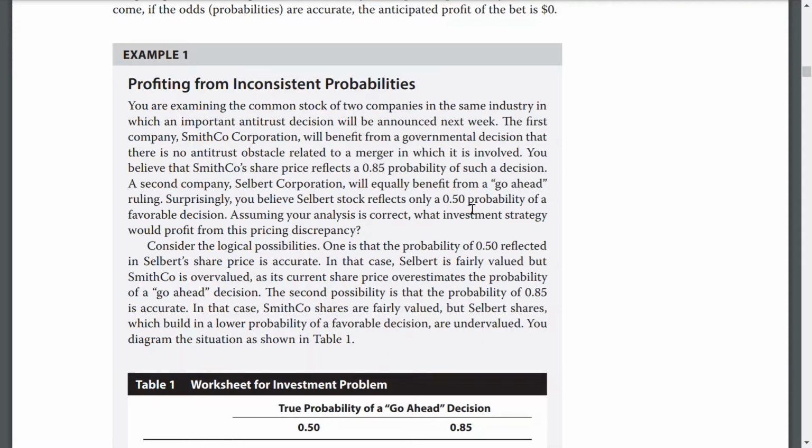You believe that Smithco's share price reflects a 0.85 probability of such a decision. A second company, Selbert Corporation, will equally benefit from a go-ahead ruling. Surprisingly, you believe Selbert stock reflects only a 0.5 probability of a favorable decision. Assuming your analysis is correct, what investment strategy will profit from this pricing discrepancy?